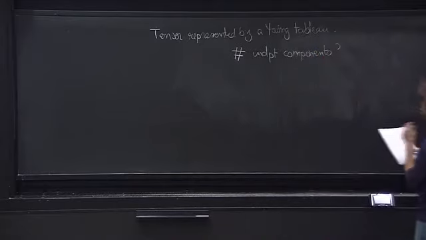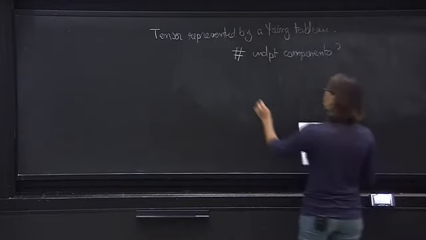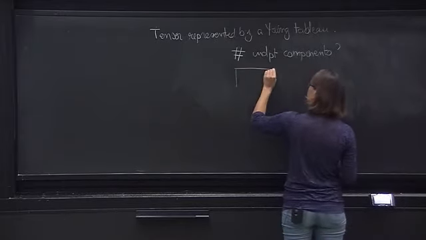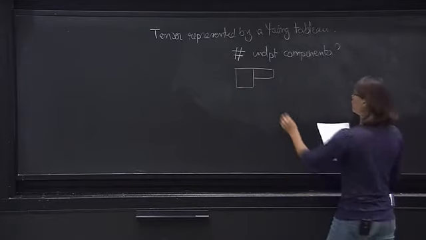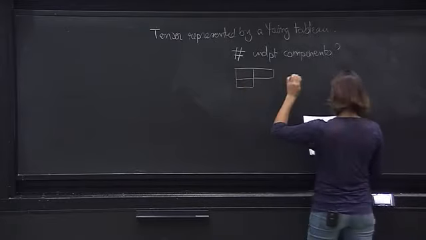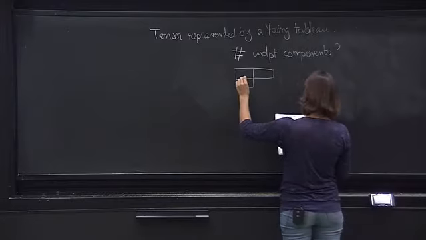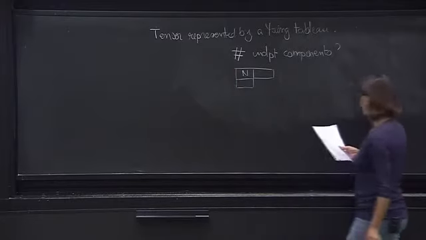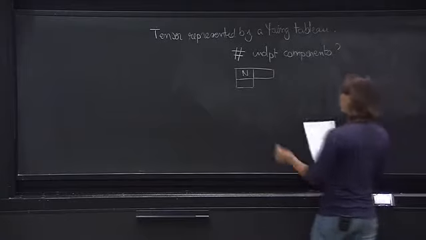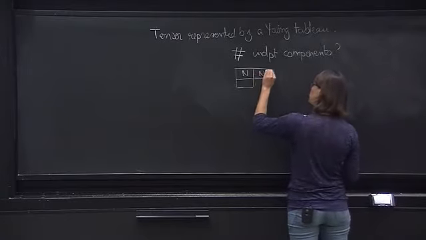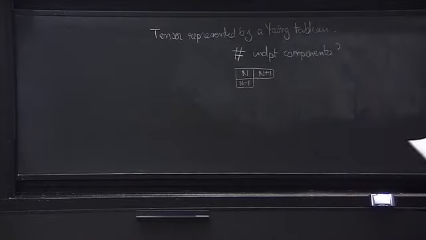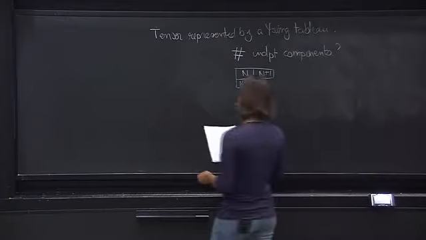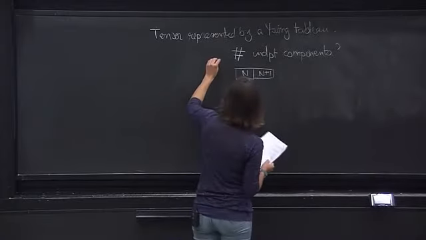It's just a recipe. First, label the upper left corner by n. Then you increase the number as you go along a row, and you decrease it as you go along a column.